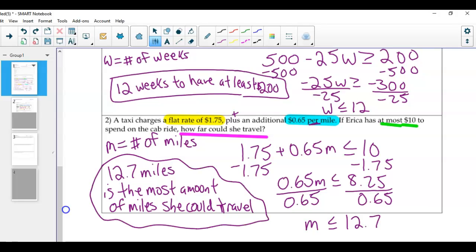If she went 12.8 miles, it would put her over her $10. Now you'll have time to practice some of these on your own.